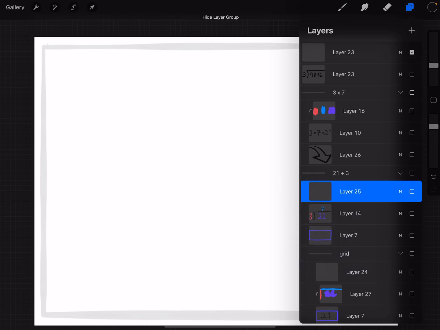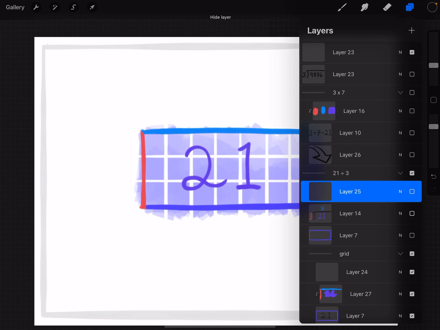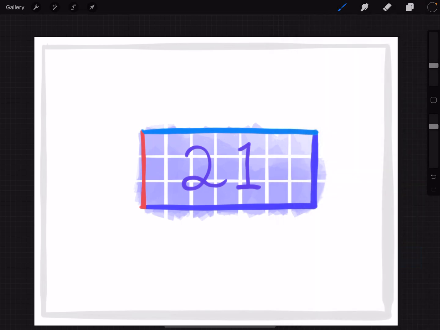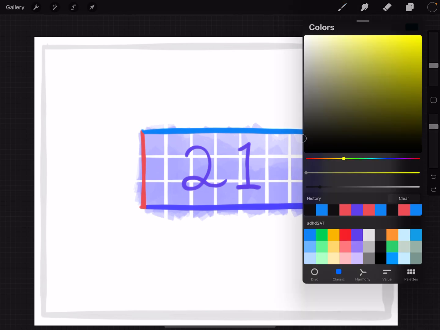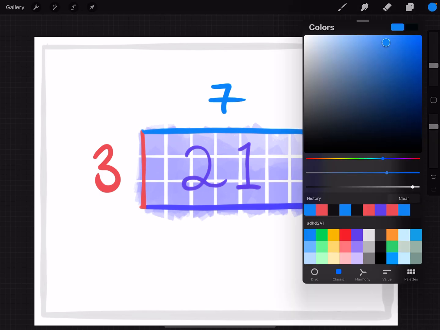We'll just do it like this. Okay, great. Where we have, there's 3 over here. Let me do that with the red-ish color. And there is 7 up here, and together those make 21. And look, what is that on the back of there?